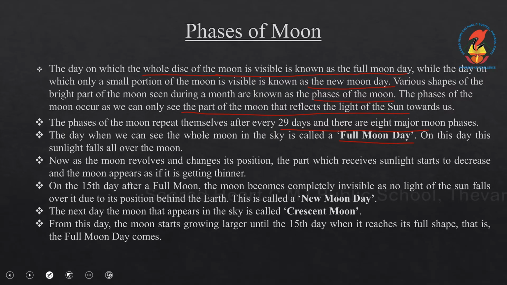Now, as the moon revolves and changes its position, the part which receives sunlight starts to decrease, and the moon appears as if it is getting thinner and thinner.